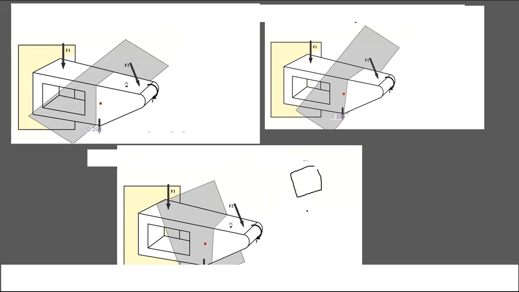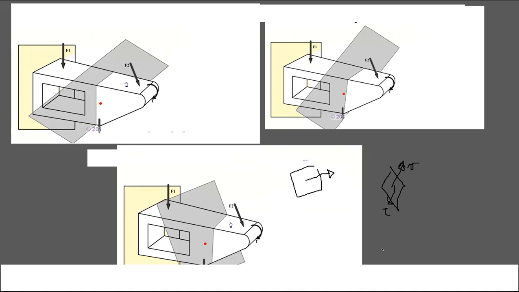Let's say the plane is like this, so the normal stress is out of plane, right? Normal stress, and then in-plane shear stress, right?